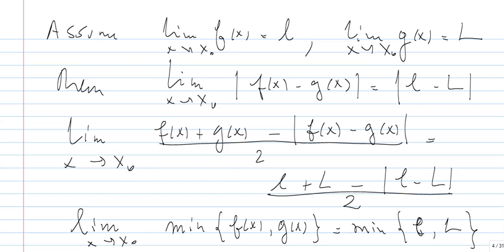So what is the implication of this? If f of x and g of x are continuous, then the minimum of f of x, g of x is continuous, as well as the maximum of f of x and g of x.